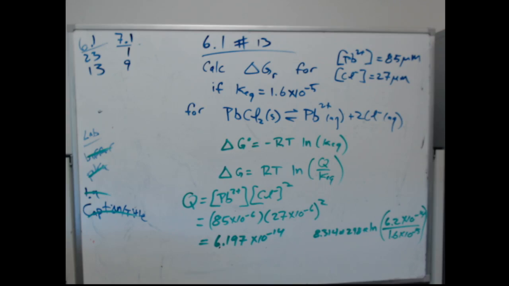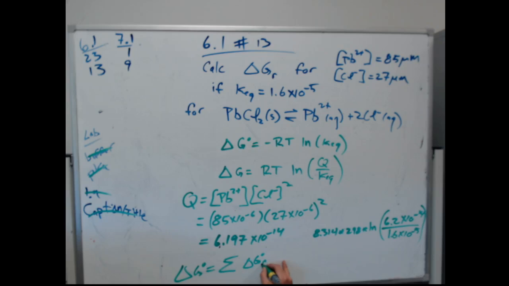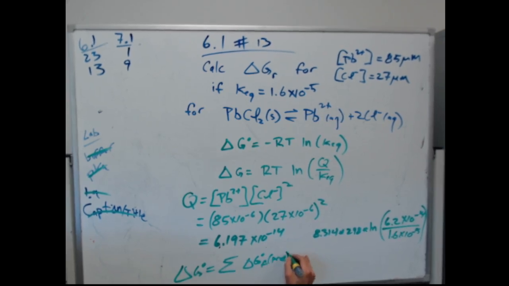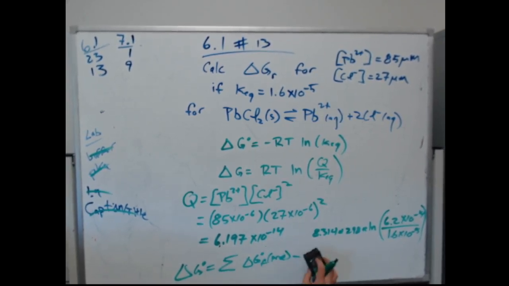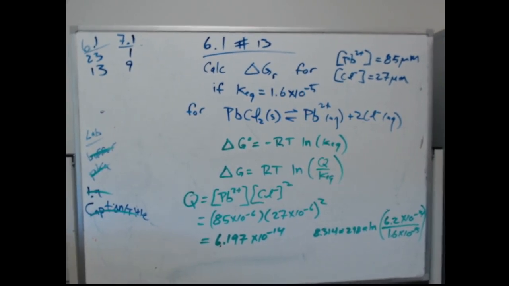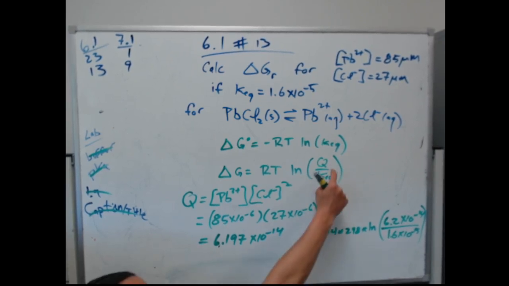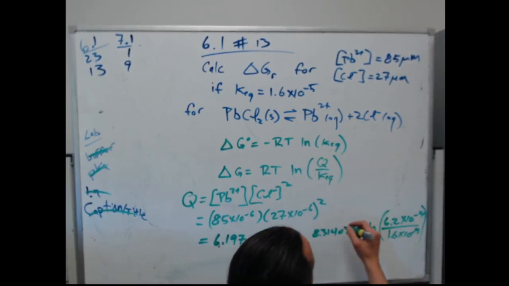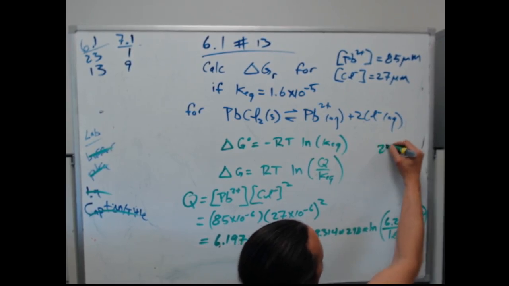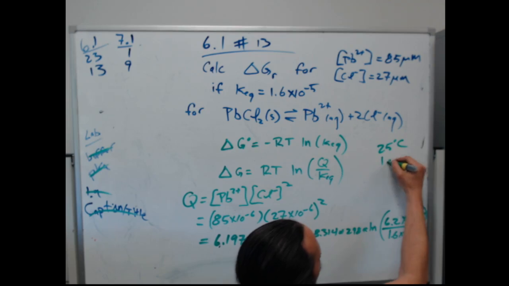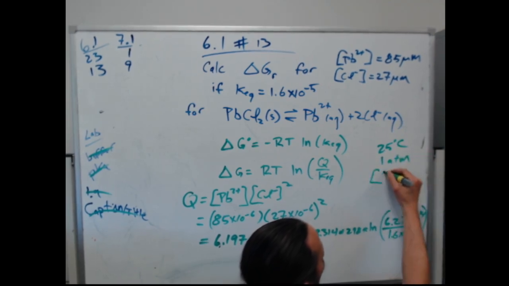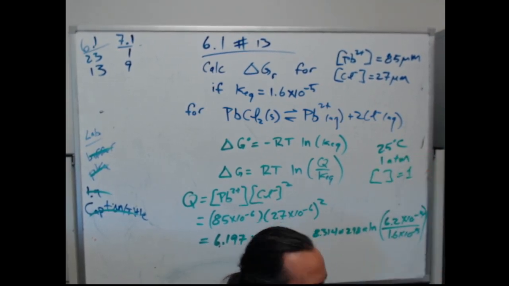So G standard technically comes from the sum of delta G standard formation of products minus reactants. But the place where it's useful is at standard conditions, Q is equal to 1, right? Because standard conditions are 25 degrees Celsius, 1 atmospheric pressure, and concentrations equal to 1 molarity.